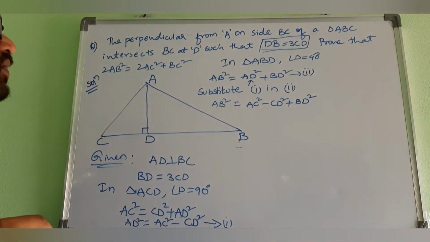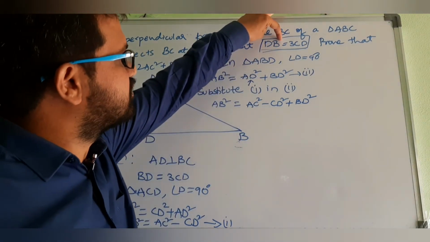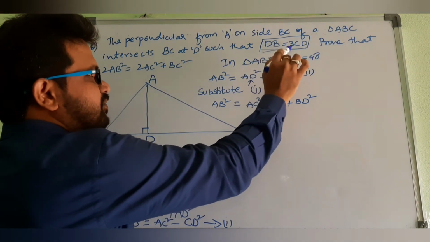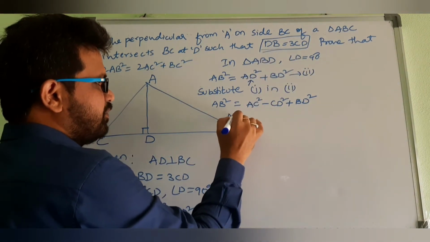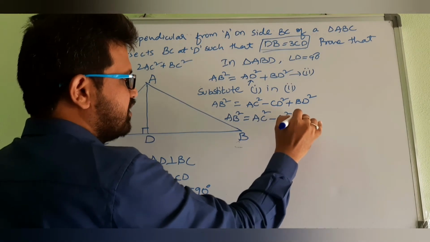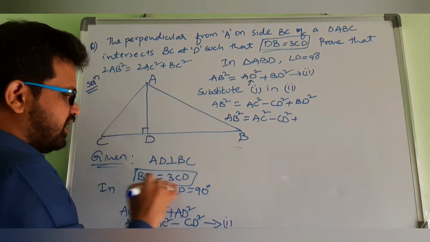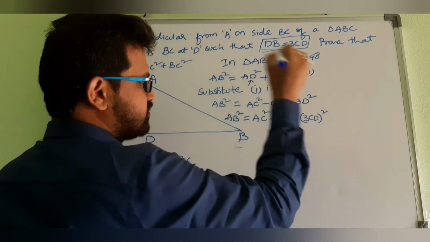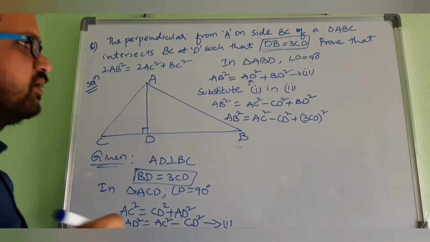Here BD we can write as 3CD, given that BD is 3CD. So 3CD whole square.